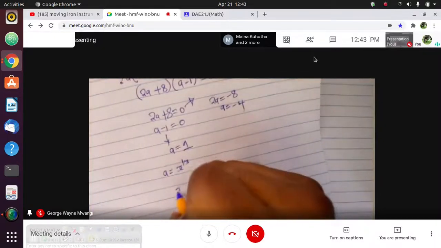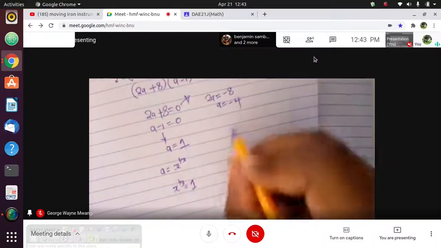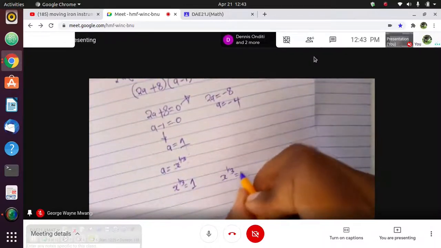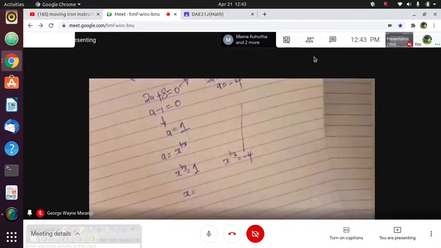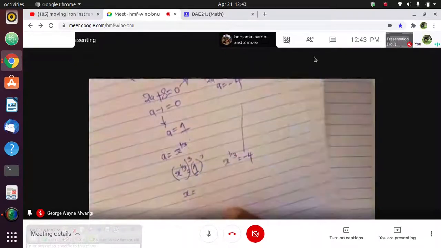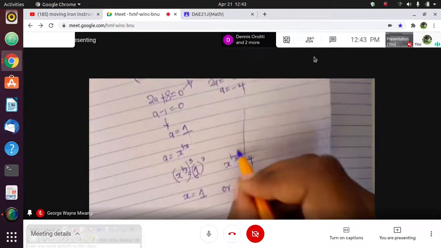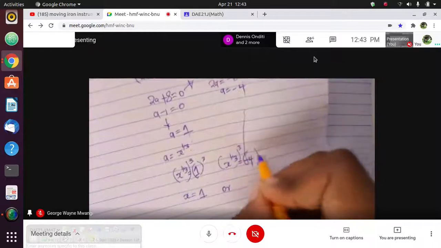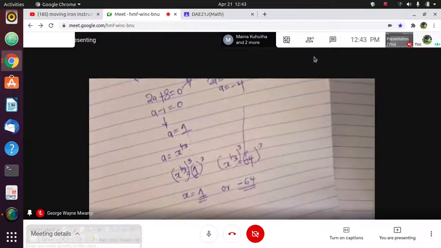So x raised to power a third for this one will be equal to 1, and for this one, x raised to power a third will be equal to minus 4. So what is the value of x? We raise each side by power 3. We get that our value of x is 1 or minus 64. Do you understand?